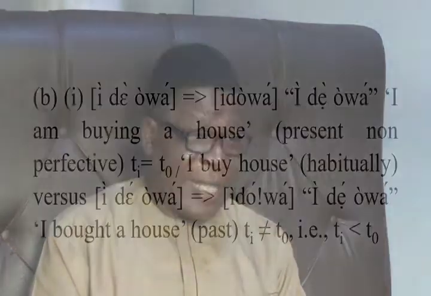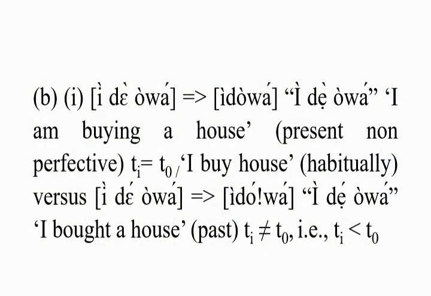It can signify the present non-perfective or the habitual tense. Whereas Idowa, where the high tone is on the verb, Ide owa, that is, I bought a house. It's an action that has been completed in the past.